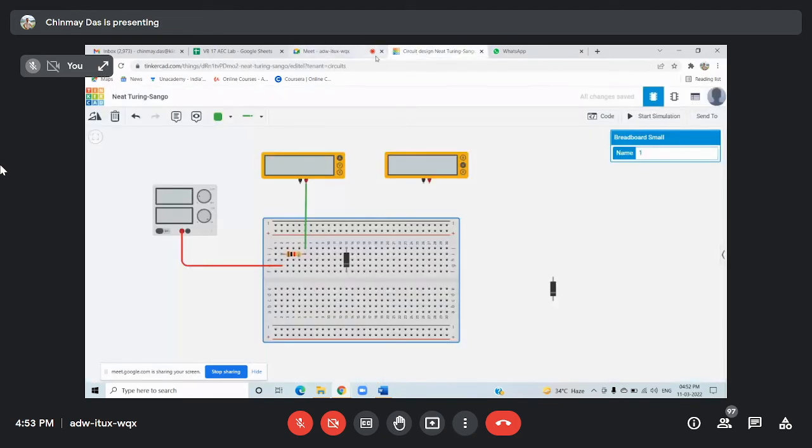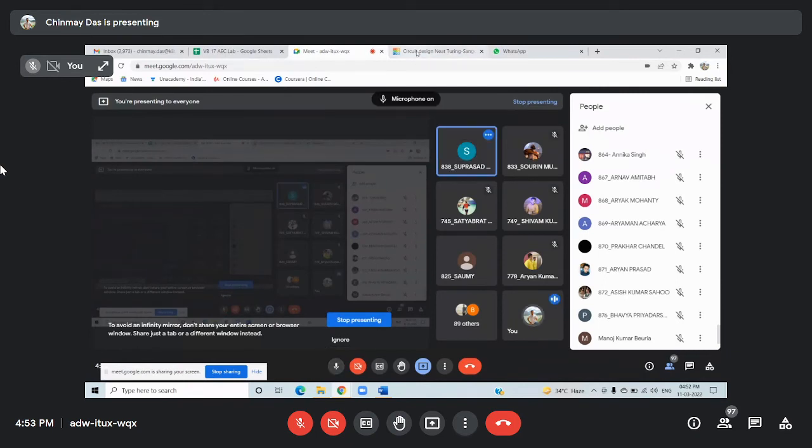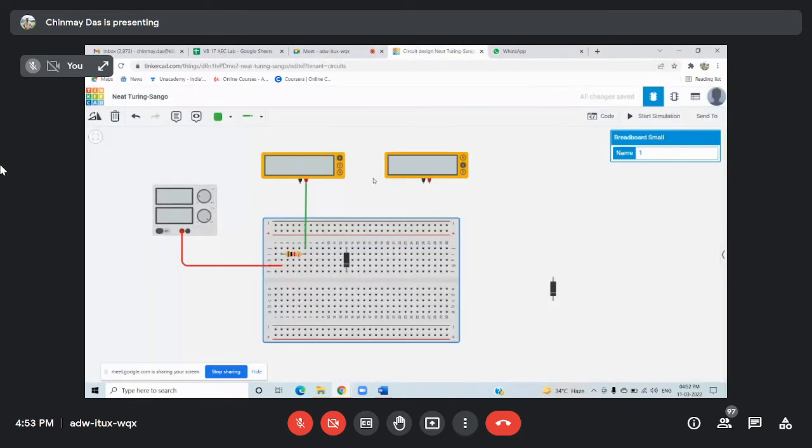Sir, then what about the resistor? It is connected the same way. I am repeating, each 5 slots are connected in the vertical line only. There is no connection with the previous and next ones.